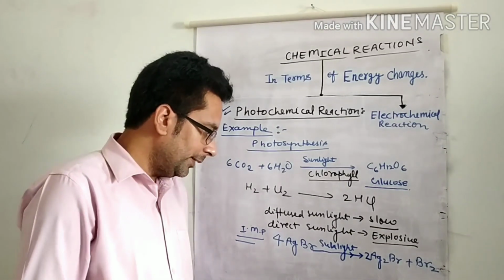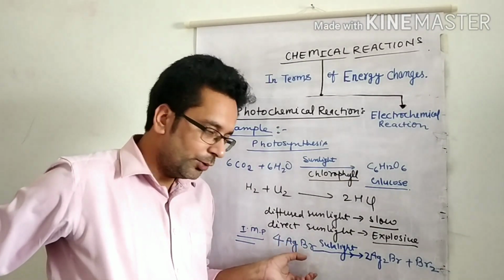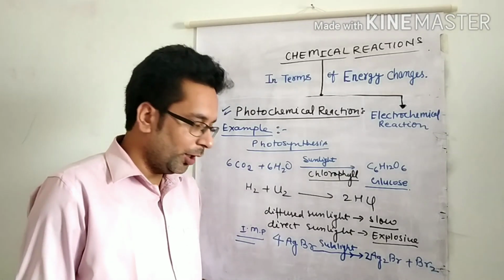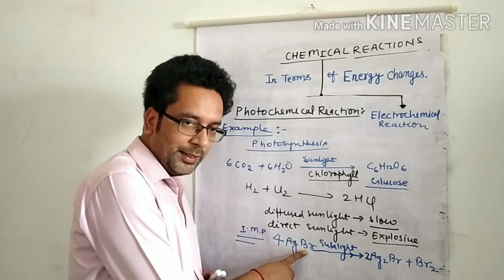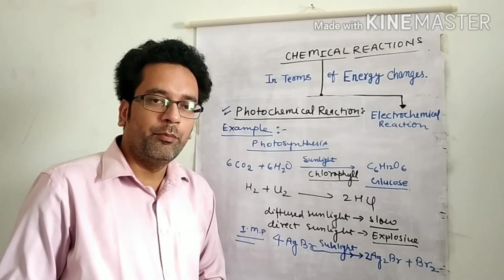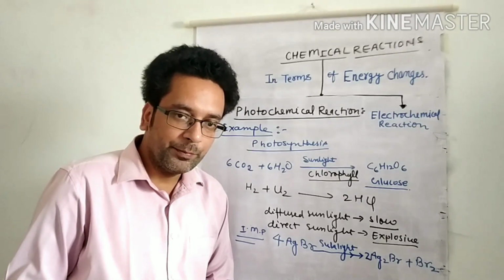It means it dissociates by itself to form other compounds. That is why silver salt, such as silver bromide, is kept in a dark reagent bottle.